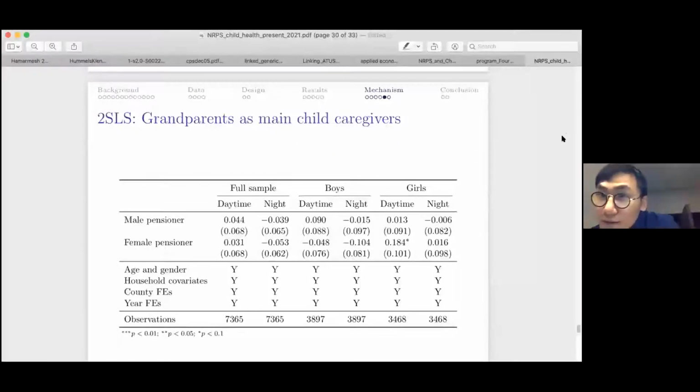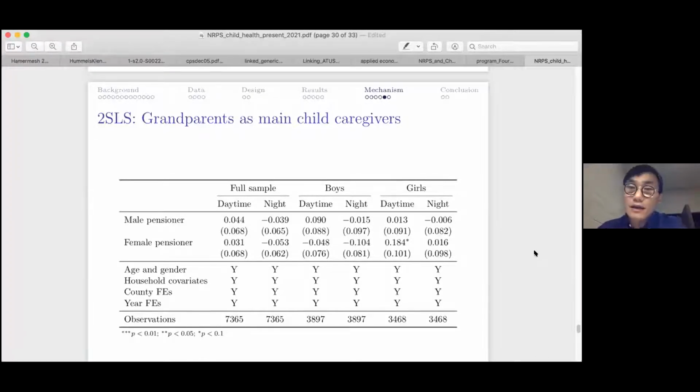And okay, I think I got a question here by Robert. Did you investigate whether the effects were different for those with different numbers of boys and girls initially? Were they greater if the family only had boys initially? Yeah, this is actually a great question.